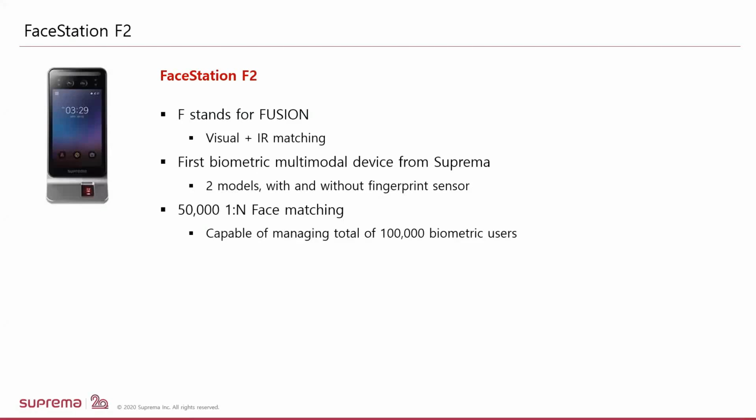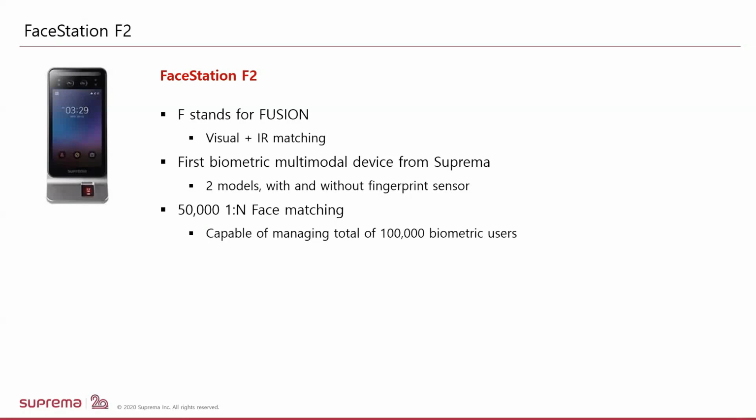If you're familiar with the existing facial recognition devices of Suprema, we have the FaceStation 2 and also the FaceLite. If you are aware of those devices, you'll remember that about 3,000 to 4,000 faces are the maximum capacity for one-to-N face matching. And the FaceStation F2 has been boosted up to 50,000.